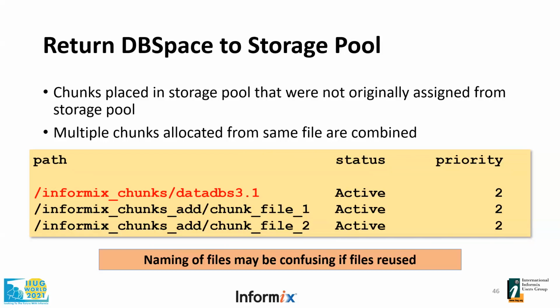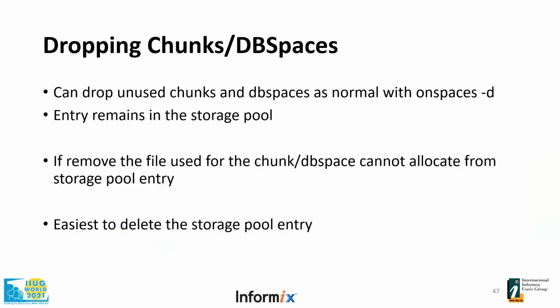That's why I called all of these files just a general name, like chunk file 1 and 2. If you do have multiple chunks allocated from the same resource, like we had earlier, where that file was being used with offsets, if I drop all of those and return them to the storage pool, they will be combined as a single entry.